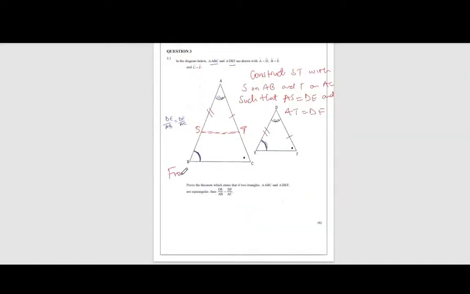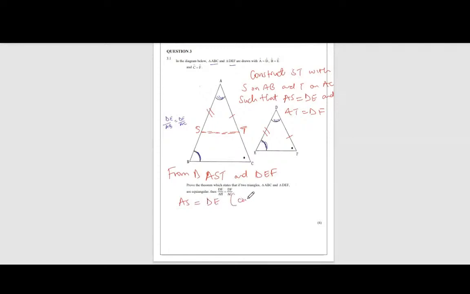from triangle AST, this triangle here, and then the counterpart, which is DEF. Okay, what can we observe that will be the same? So we said the side AS is going to be the same as side DE.